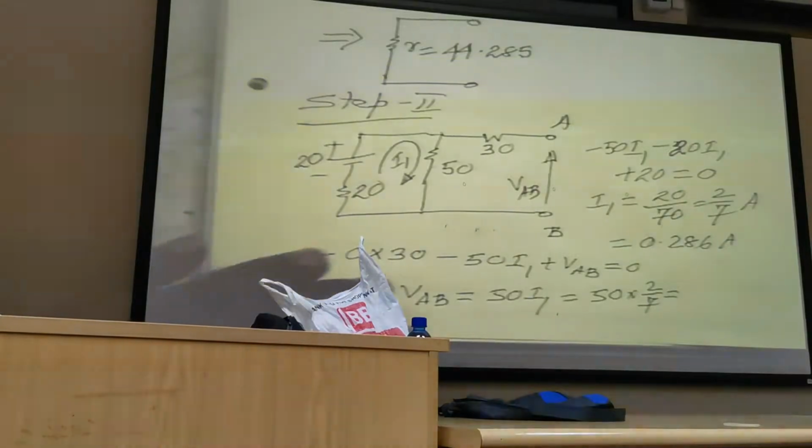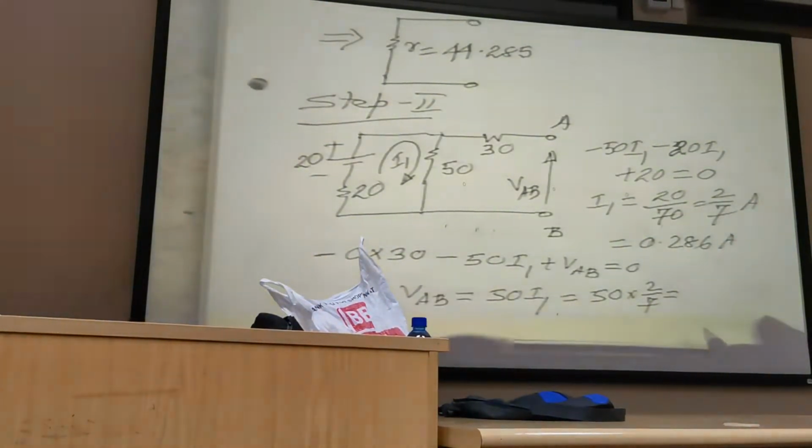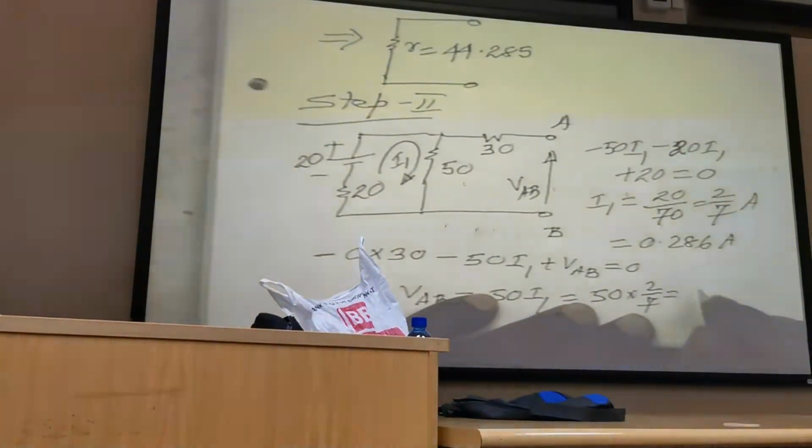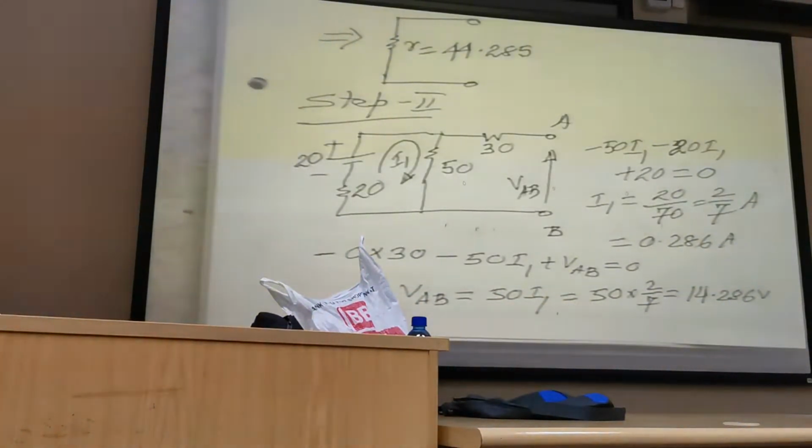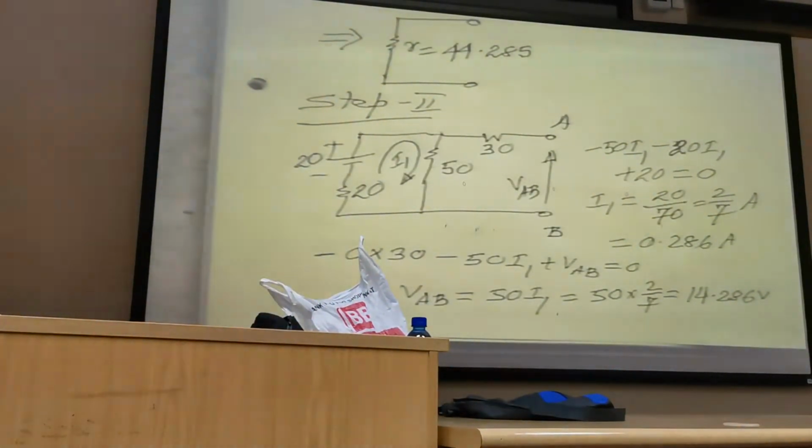And what is that? 14.286 volts. And VAB is obviously positive here, a voltage rise. Clear? Any question? So that is the Thevenin's equivalent voltage.